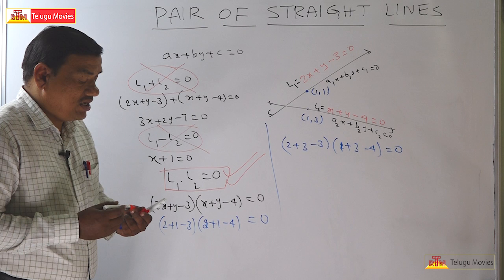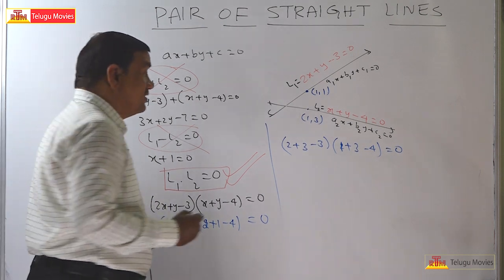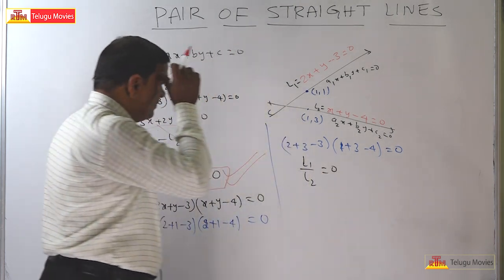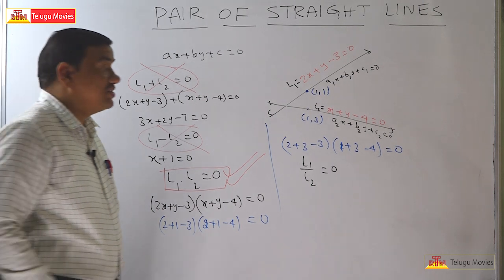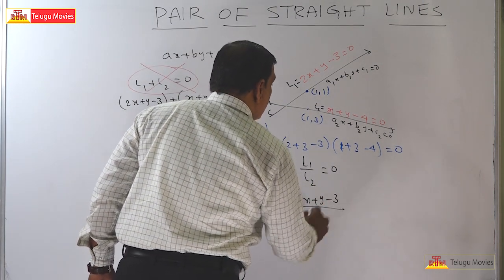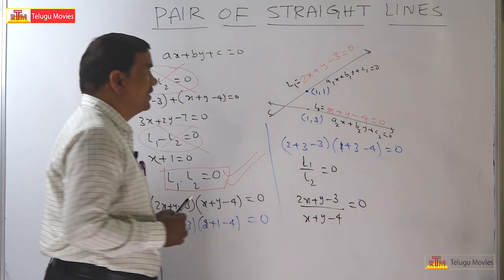Let us check the division. Let us divide the first equation by the second equation and check what happens. The first equation is 2x plus y minus 3, upon the second equation x plus y minus 4, is equal to 0.